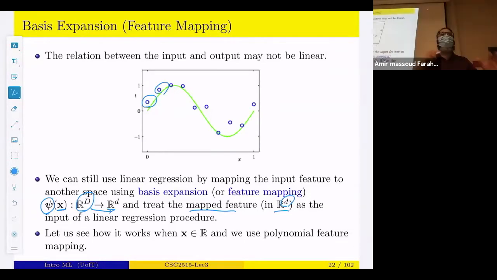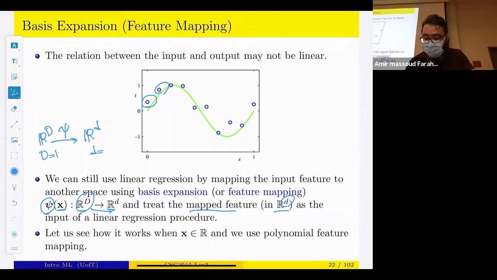So we have some initial input space, the data space R^D, we do some processing on it, and we get R^d. For example, D here might be 1, d here might be 5. So we expand the dimension, and that's why we call it basis expansion.